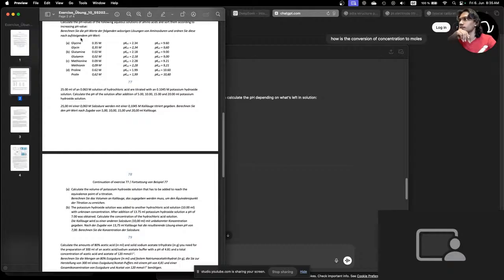Question 78. Calculate the volume of potassium hydroxide solution that has to be added to reach the equivalence point of the titration.